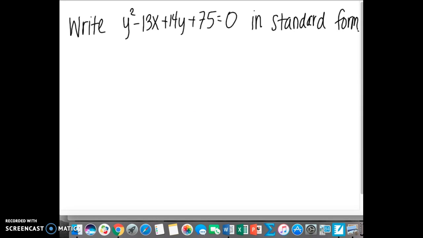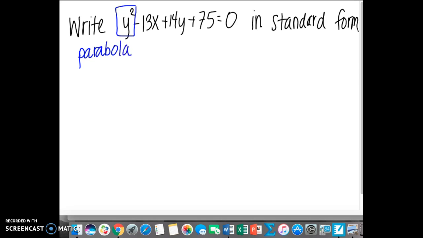The next example says, write y squared minus 13x plus 14y plus 75 equals 0 in standard form. If we were to classify this conic, since this y squared term is the only squared term, we know that we're dealing with a parabola.